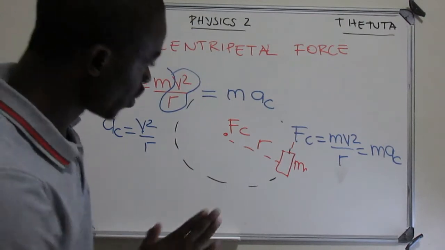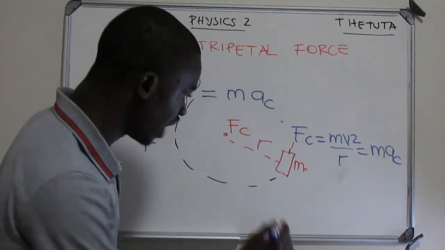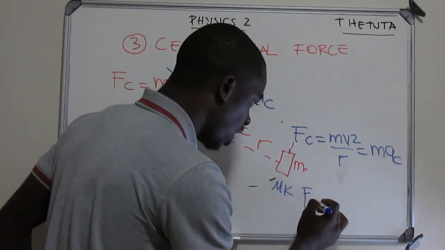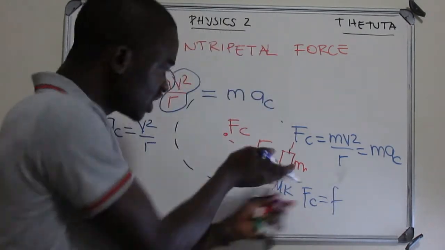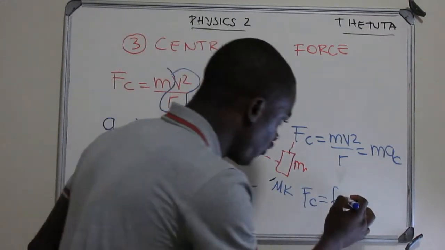But remember, when this object is moving on a surface, we're going to have a coefficient of friction. And therefore, our centripetal force will be the same as the friction force, because the force that maintains it is going to be the friction force.